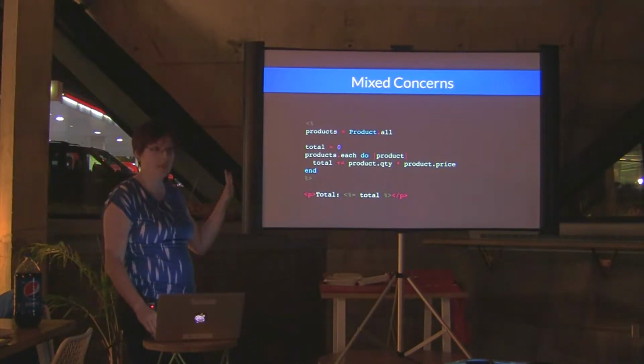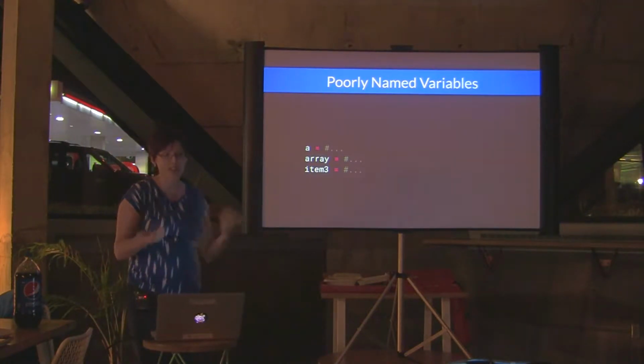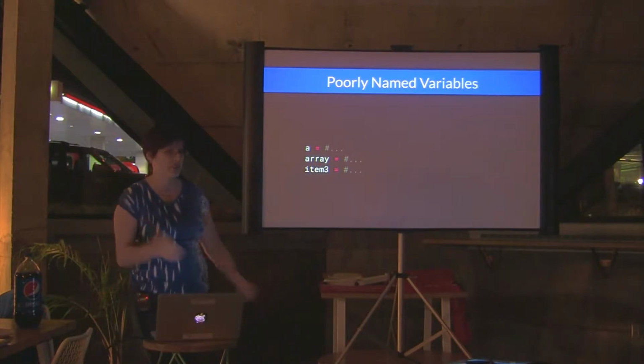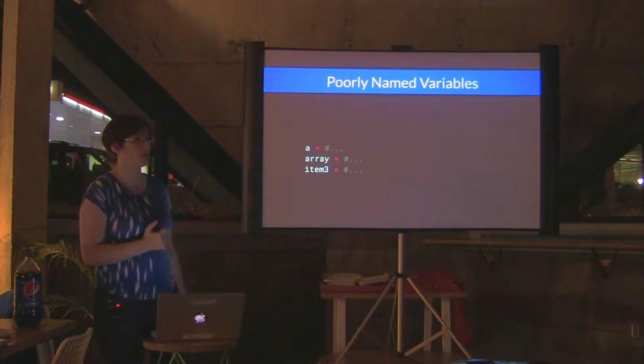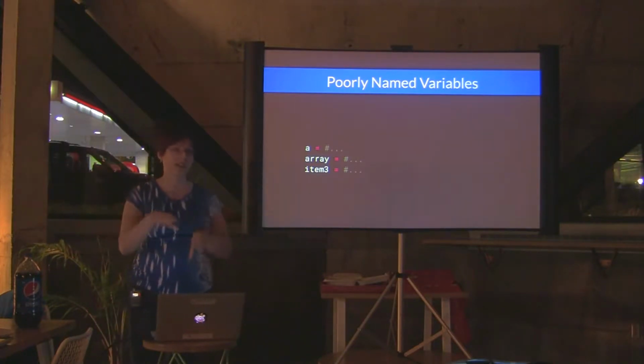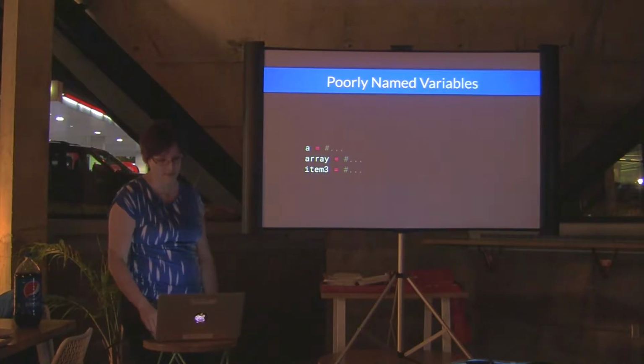And it happens. Some people write code like that. Then you can have poorly named variables like A, B, C, Z, Z25 because you run out of letters. Or you can have item1, item2, item3 in a bunch of loops. You have no idea what's happening in there.